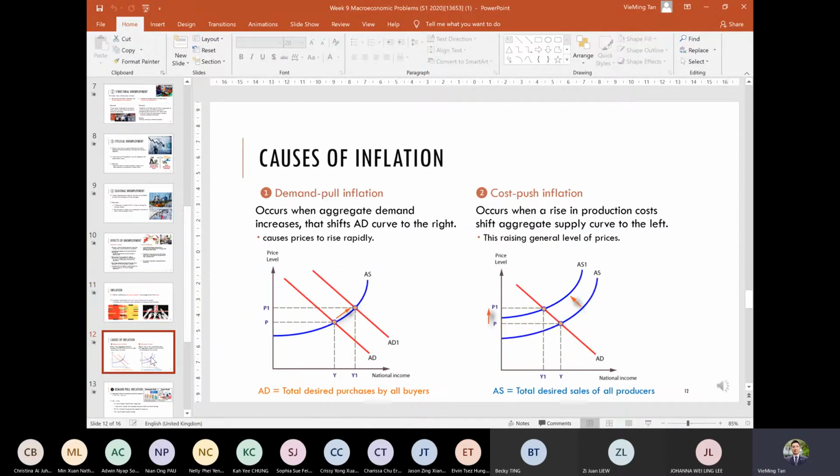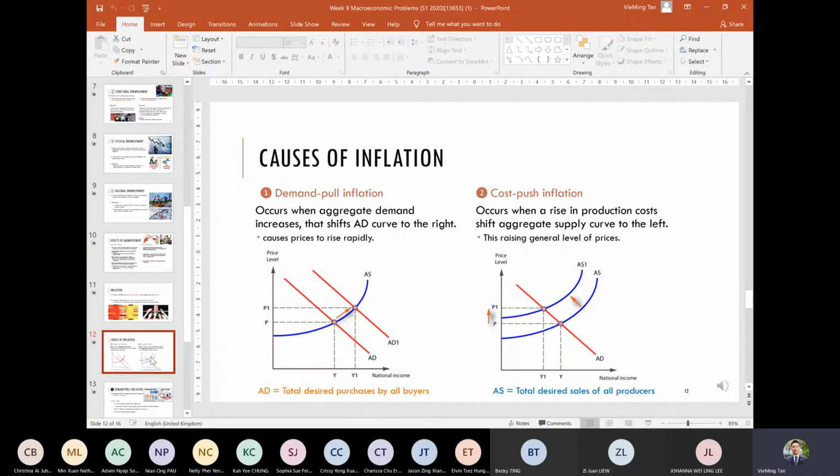Okay. So what are the factors that will increase the price level of goods in general and cause the inflation rate to increase in the country? Actually, there are two main factors that will increase the inflation rate. The two factors can be from the aggregate demand side or from the aggregate supply side.